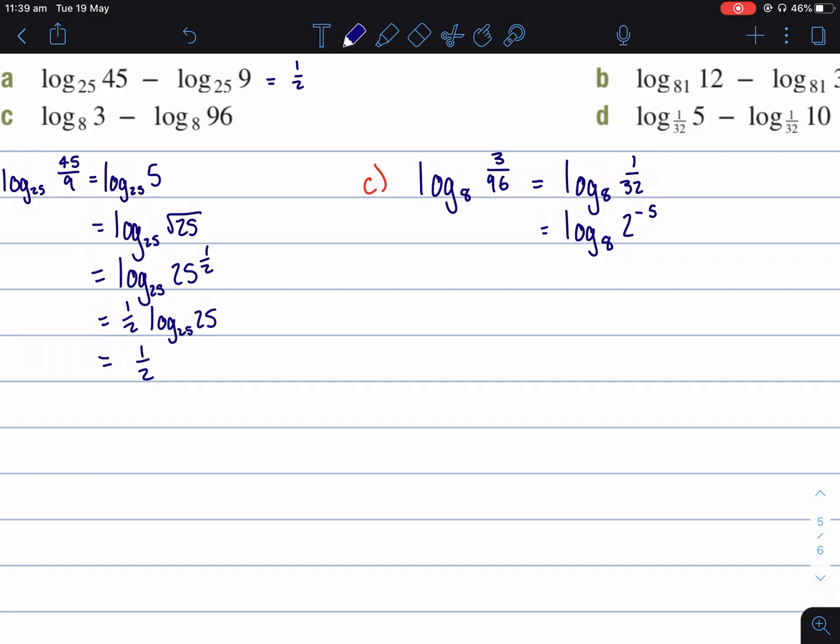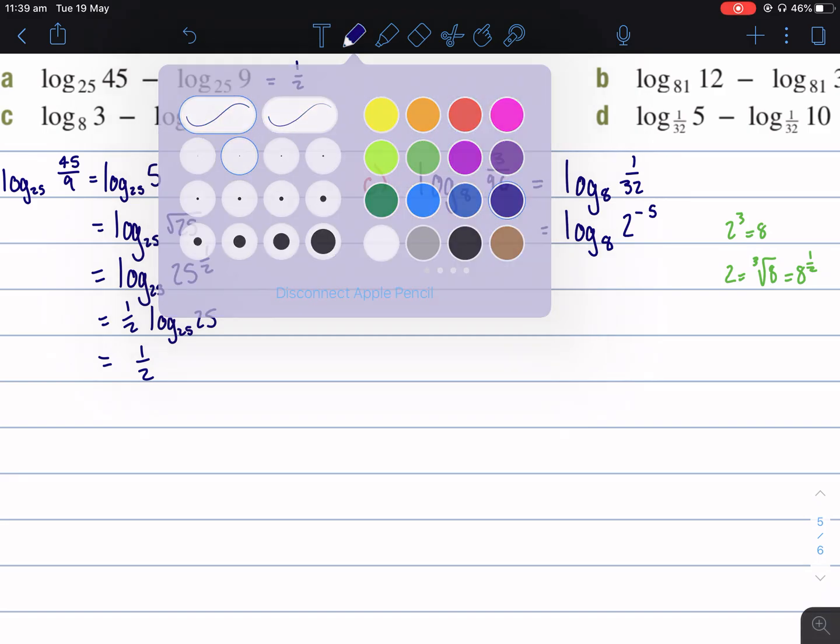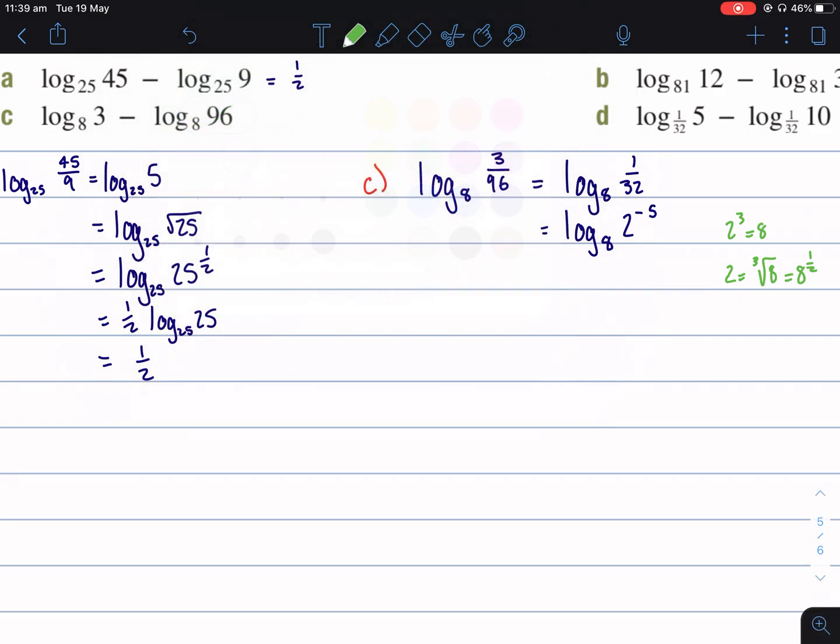Now, you know how 2 cubed equals 8? So 2 is then the cube root of 8, which is 8 to the third. I mean, not to the half, to the third. That was a silly mistake. Which means I've got log.